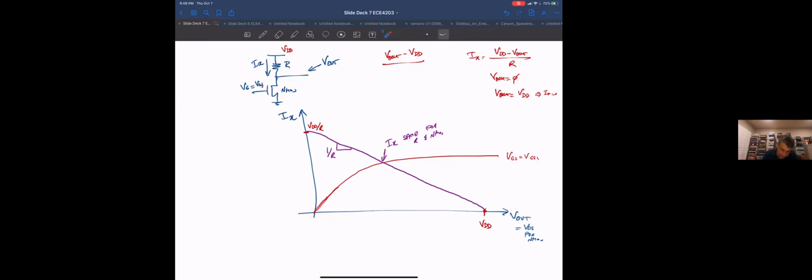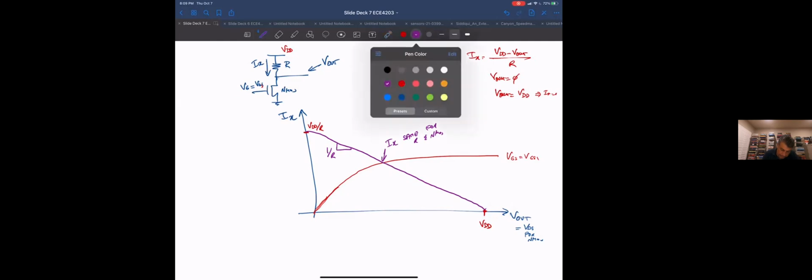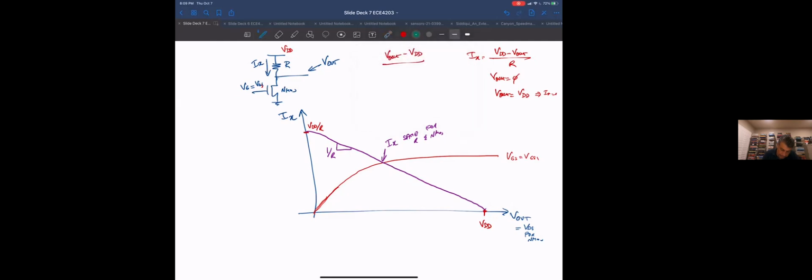I guess I could have tried to write the equation for this current, write the equation for that one, and solve it numerically, or I could just draw the two transfer curves and see where they intersect. For example, as this VG goes up, let's say I go to VGS2, which is higher than VGS1. I'm going to draw that qualitatively.